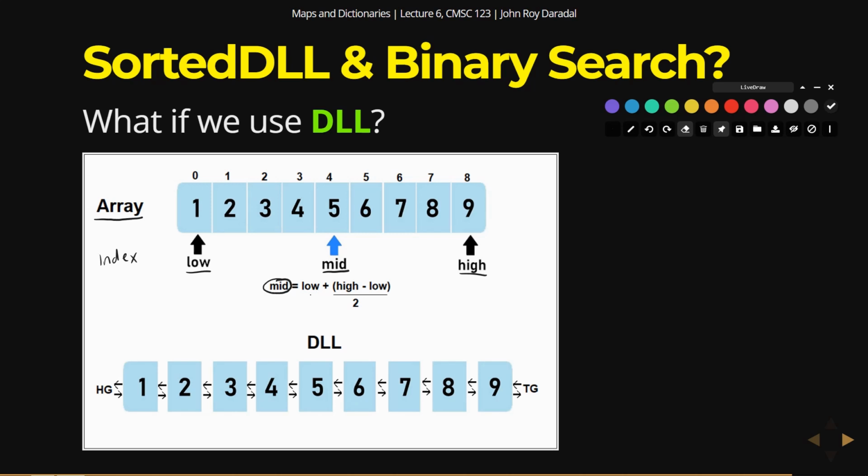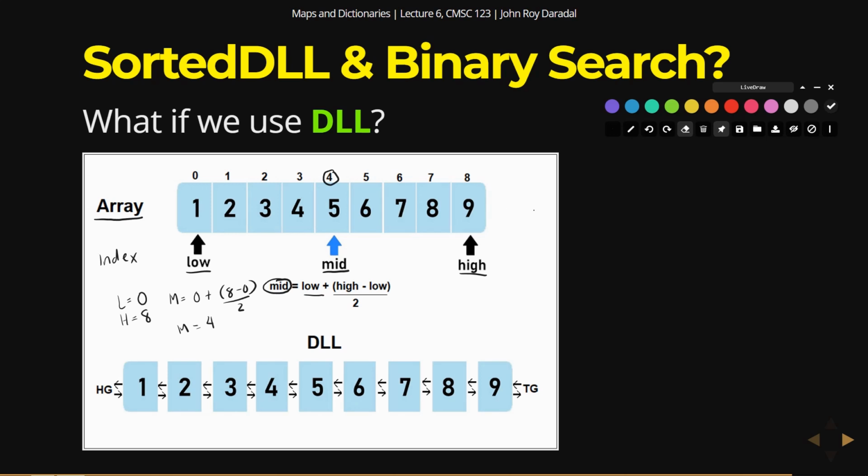So the mid is basically low plus (high minus low) divided by 2. So for example, right now, the low is 0, high is 8, right? So the mid would be 0 plus (8 minus 0) over 2, which is 4. So 0 plus 4 is 4.